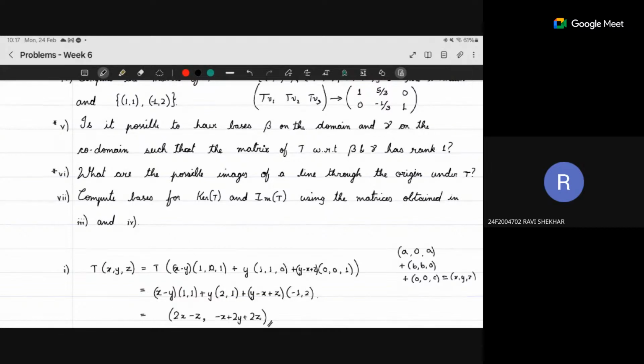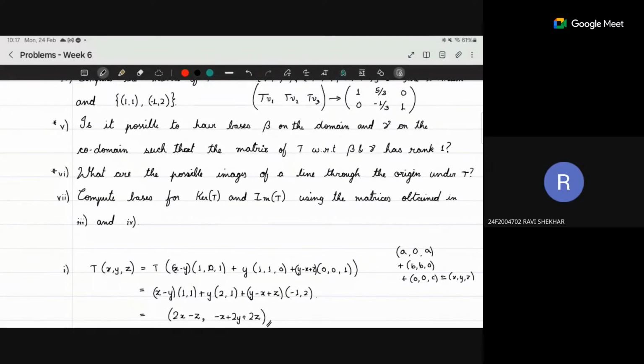So then in that case, this statement holds, no, sir? If the rank is 1, then any matrix representation will have rank 1.